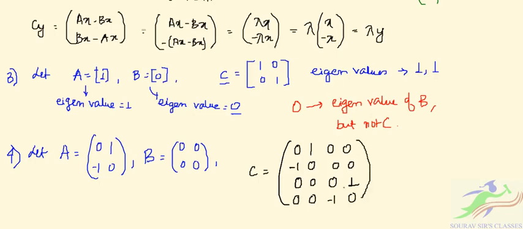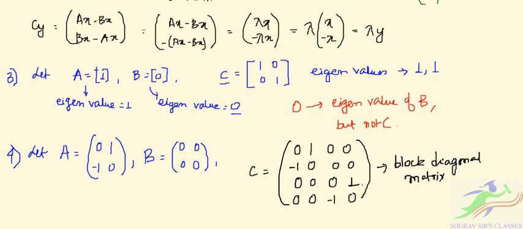You can identify this matrix as a block diagonal matrix, or diagonal block matrix, both are equivalent. The blocks on the diagonal are square matrices, so that is a block diagonal matrix.